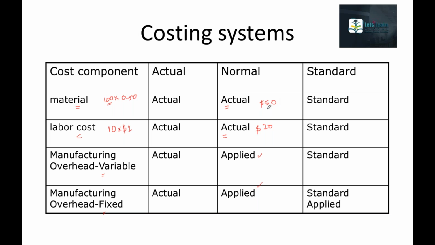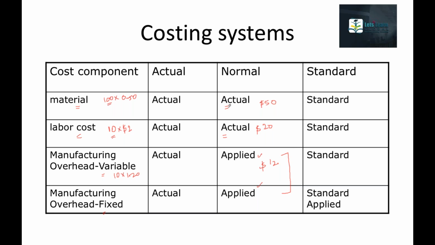So $50 is the material cost. But what is the manufacturing overhead? We estimate that per labor hour it is going to be $1.2. 10 machine labor hours times 1.2, so it is going to be $12. The fixed as well. So these two are assumed, applied, absorbed, different from the actual. Actuals will come to be known later.